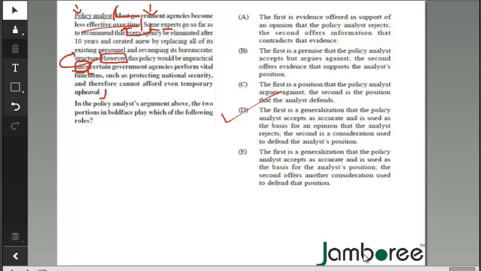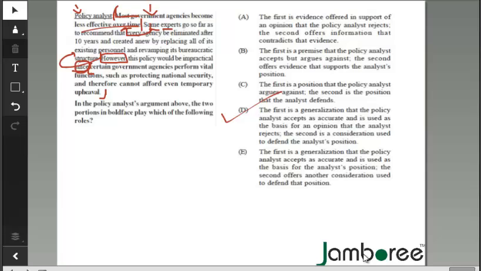So the author does not argue against the first part, right? You don't even have to go to the second portion. Even the first, the word against, that is enough. The author is not saying anywhere that he does not think that government agencies become less effective. So it is not going against anywhere.